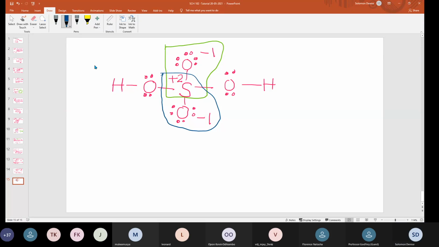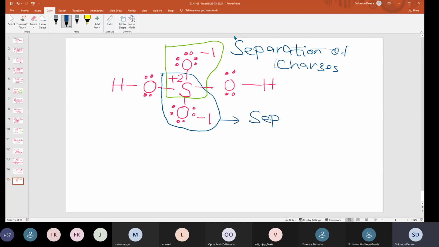What you see is -1, +2, -1. There is separation of charges between the sulfur and oxygen. Separation of charges means having positively charged and negatively charged atoms on neighboring atoms. So we have separation of charges here, and in here we also have separation of charges.